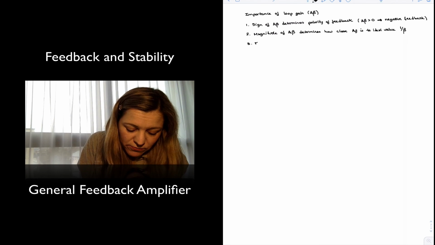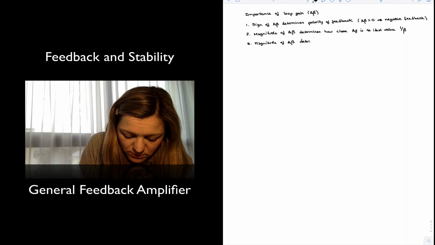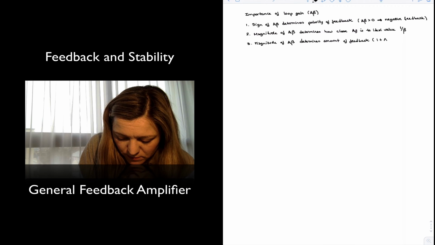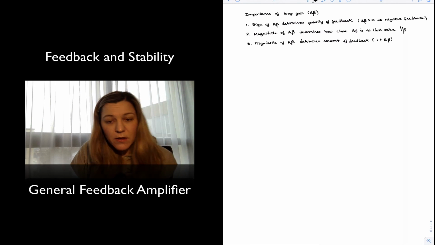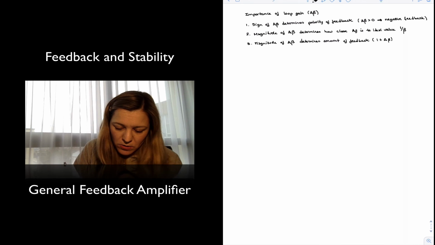Obviously, the magnitude of the loop gain also determines the amount of feedback, since the amount of feedback was just 1 plus the loop gain. And again, this is going to allow us to measure the improvement in different parameters.